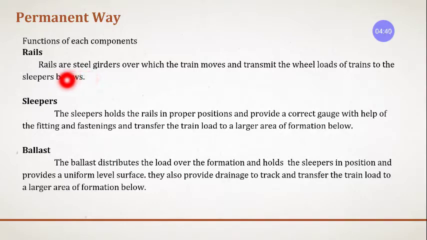In technical terms you call it a rail, a steel girder over which the train moves and which transmits the wheel load of the train to the sleepers below. So what will rails do? First, it is a steel girder which helps the train to move over it. Third, it will take the load from the wheels of the train and transfer it to the sleepers, which are below the rails.